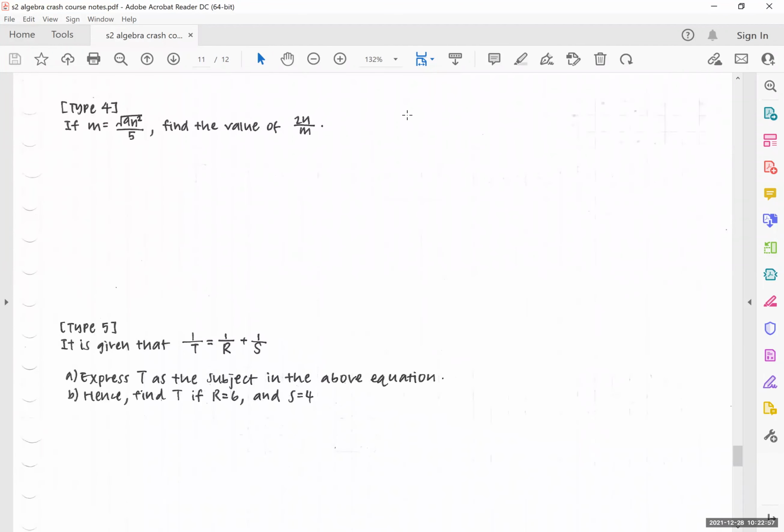Now for type 4, it's also the same, just that it's a little bit different because can you see they say 2n over m? So what does this mean? Listen very carefully. 2n, take the pink highlighter again, highlight on top. That means that n terms on the left-hand side.